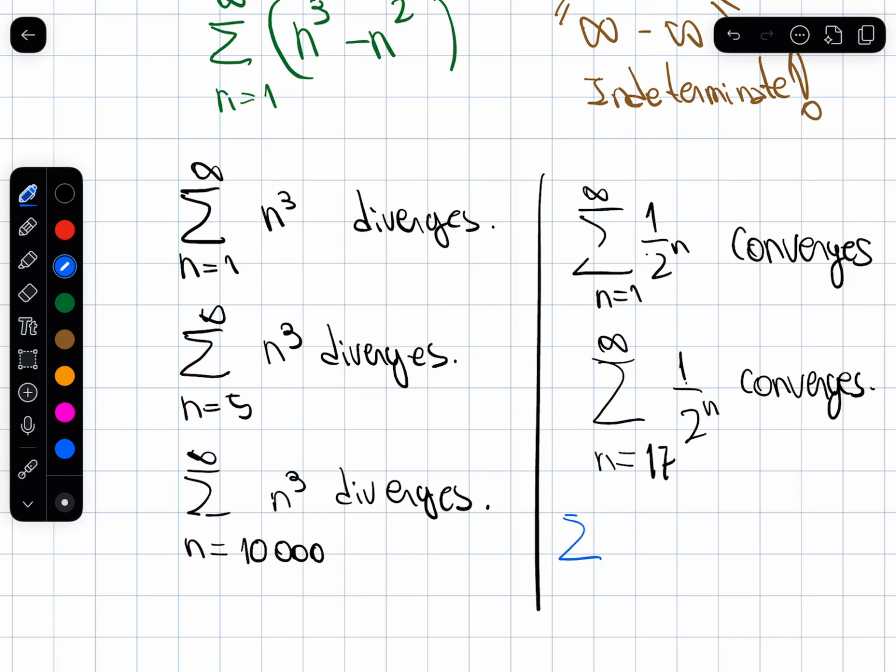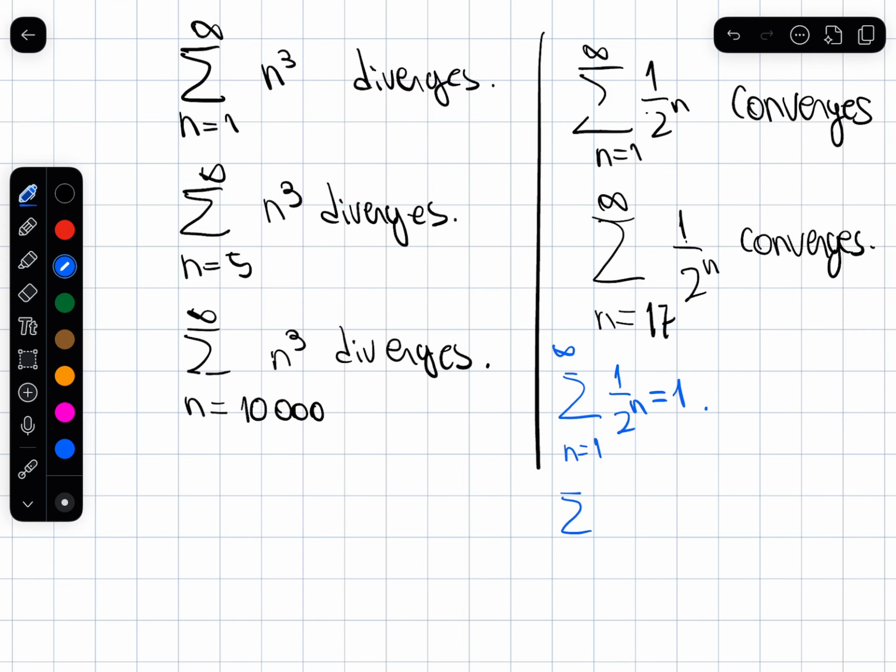So this one, n equals 1 to infinity, 1 over 2 to the power n, will be 1. But this one is not starting at 17. It is not going to be 1. It's going to be something else. You can always do 1 minus the first 16 terms. That works. But it will converge either way. This is going to be an important idea as well.